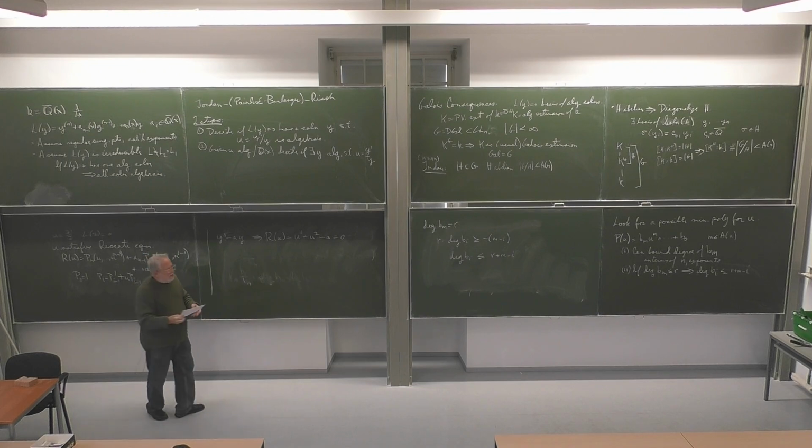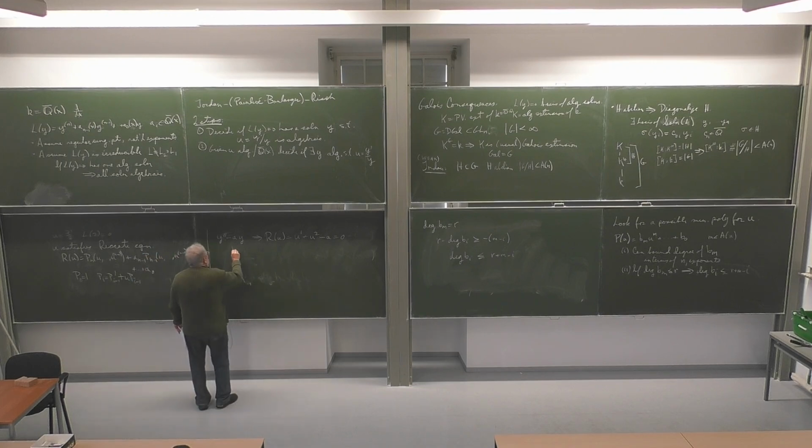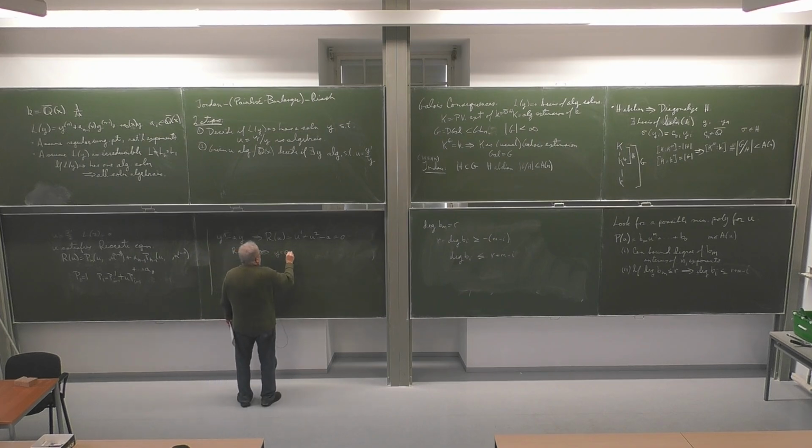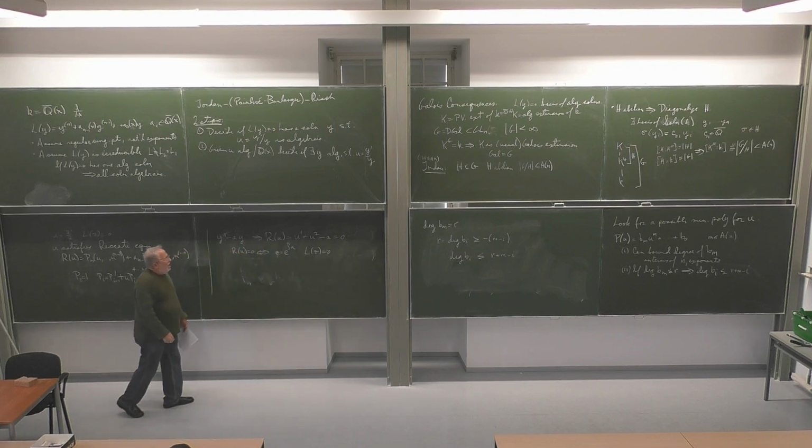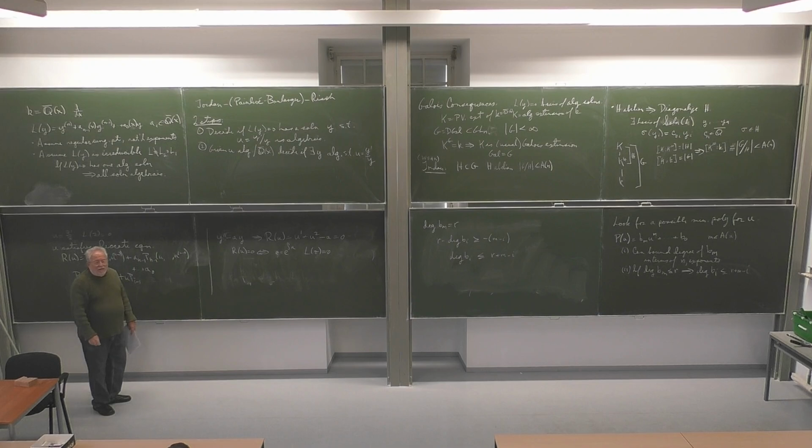And it furthermore has the property that R of u equals 0 if and only if z equals e to the integral of u satisfies L of z. So solutions of the Riccati are logarithmic derivatives of solutions of the original equation.